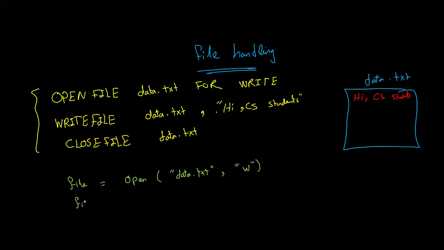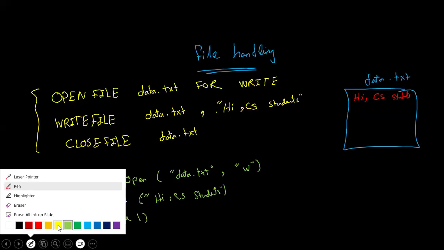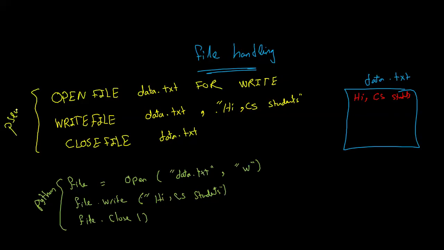You write file dot write, and the message which you want to write on it, hi CS students. And don't forget to close the file, file dot close. So this is how you can handle your files using pseudocode and using Python.